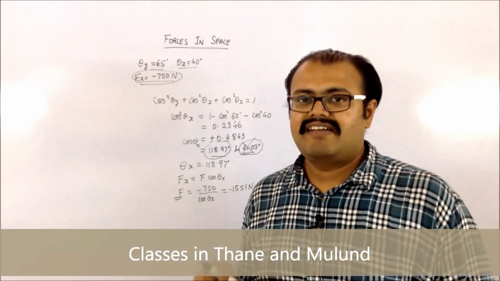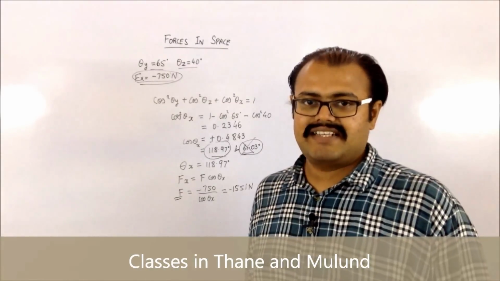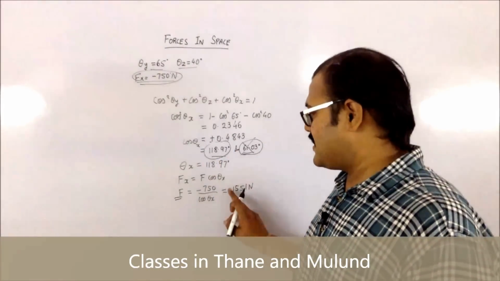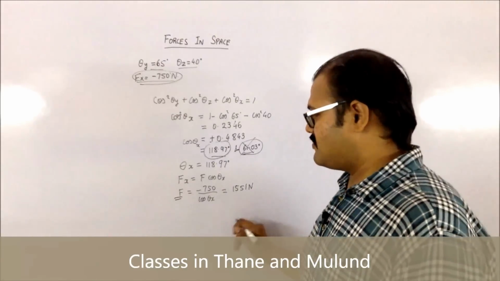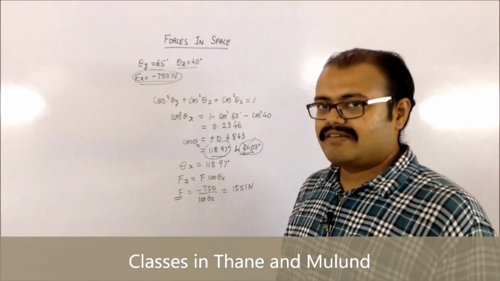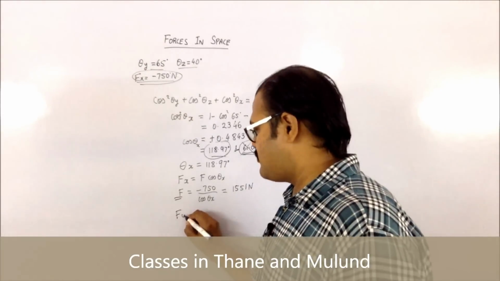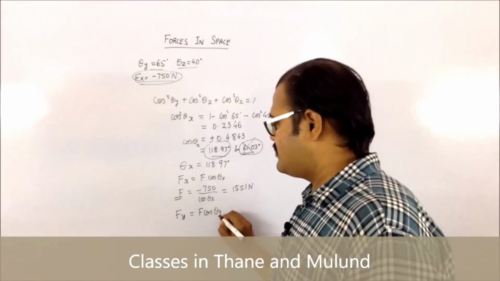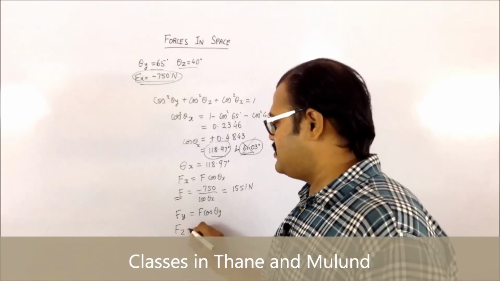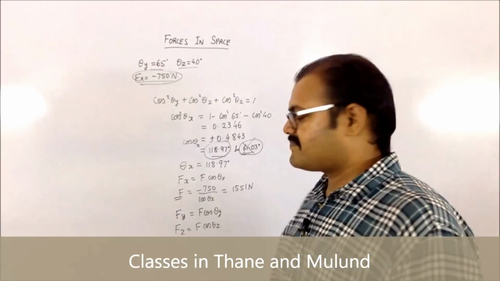That should click in your brain that you cannot get a magnitude as negative. So you can go back and check what went wrong. Just going forward, you have calculated the magnitude of your force. Next you can calculate your Fy using F cos theta y and your Fz using F cos theta z.